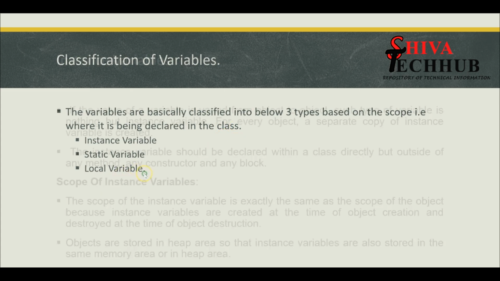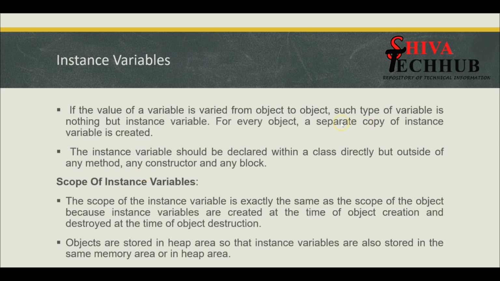Okay. So first, what is an instance variable? So basically, if the variable value is varied from object to object, for example, you are going to create multiple objects or a single object, but whenever you are creating multiple objects in order to assign some value to a variable, the latest object that is being used to assign the variable will be printed in the output.